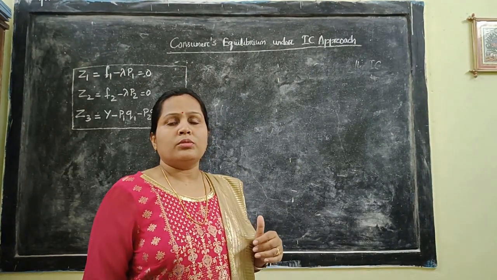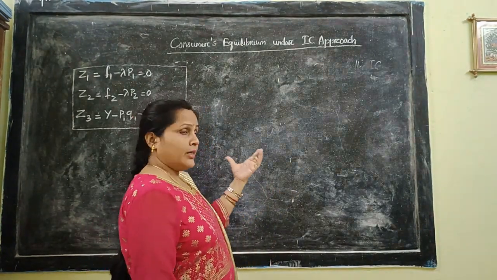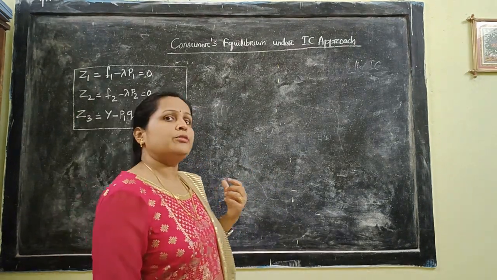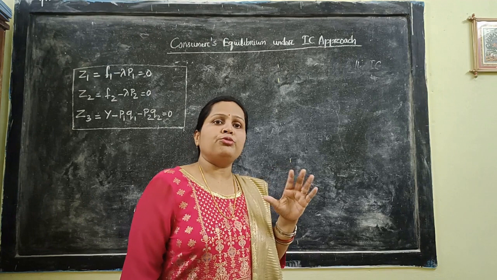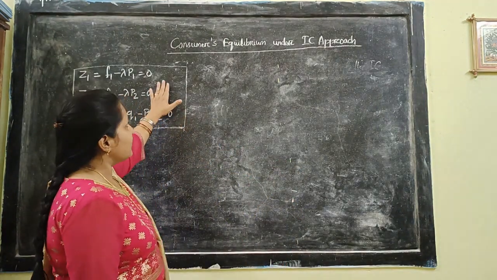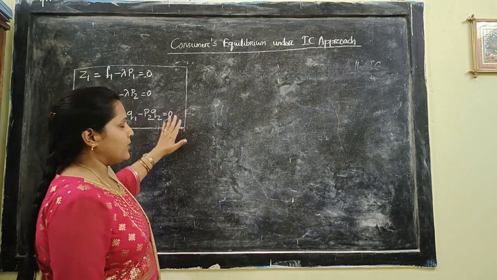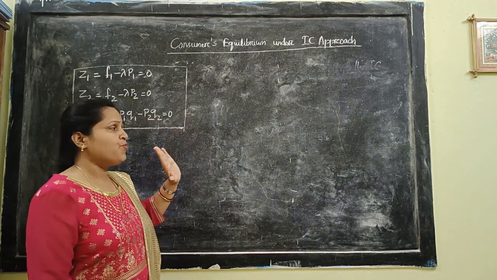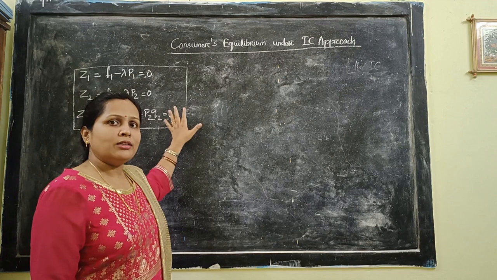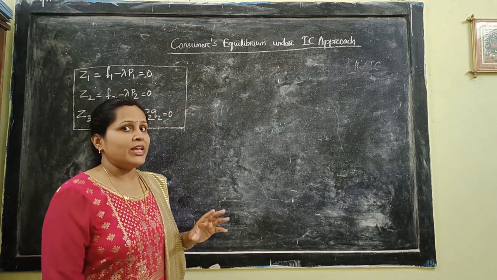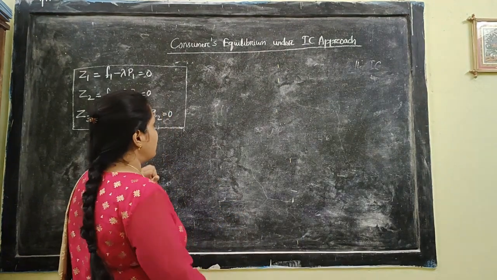For the second order condition, the sufficient condition, for the mathematical derivation we need all three equations that we derived in the first order condition. That is why I have already written these three equations here. We have to take the help of these equations for the derivation of the bordered Hessian determinant. So let's start.